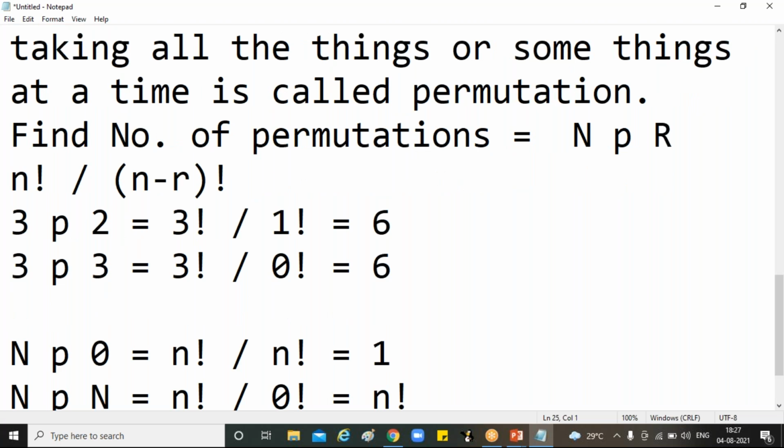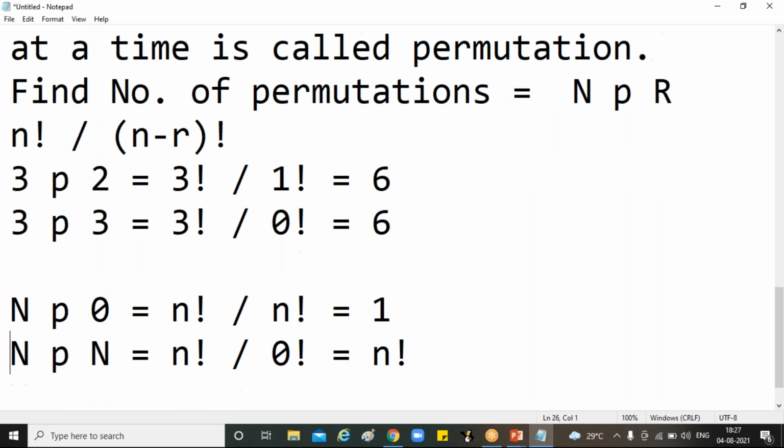Next one, write down a note: nP0 is equal to 1. And nPn is equal to n factorial.